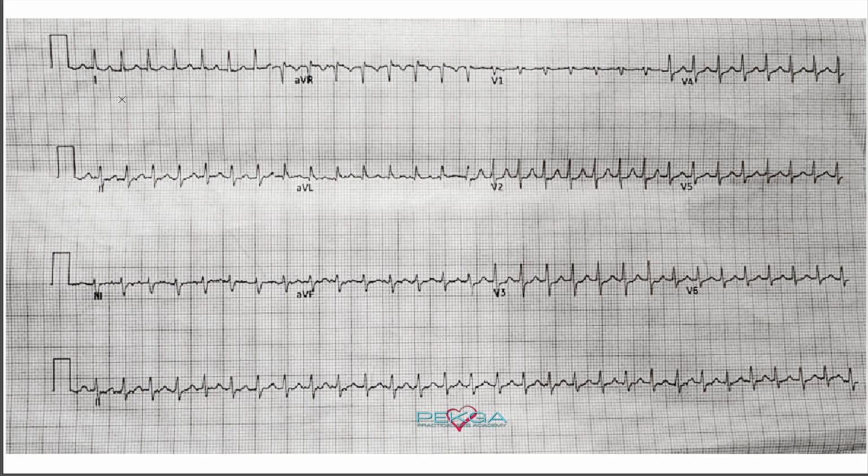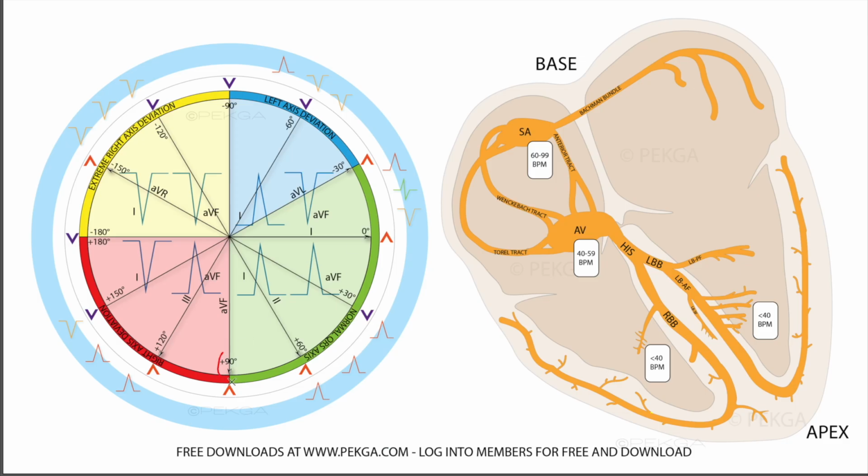However, I'm going to take a look at the axis. That's going to tell me maybe something. So the axis, it's upright in V1, it's upright in V2, it's downright in lead 3. This is probably normal. Oh, look at this. This is an isoelectric or equiphasic axis going on here. So I'm going to take a look at my aVF. aVF is down here. The axis perpendicular to it is the axis in lead 1.